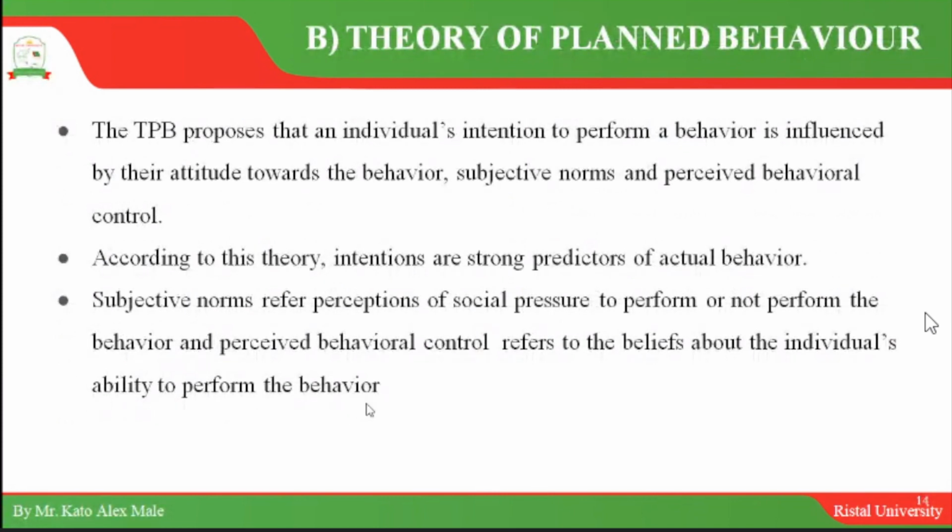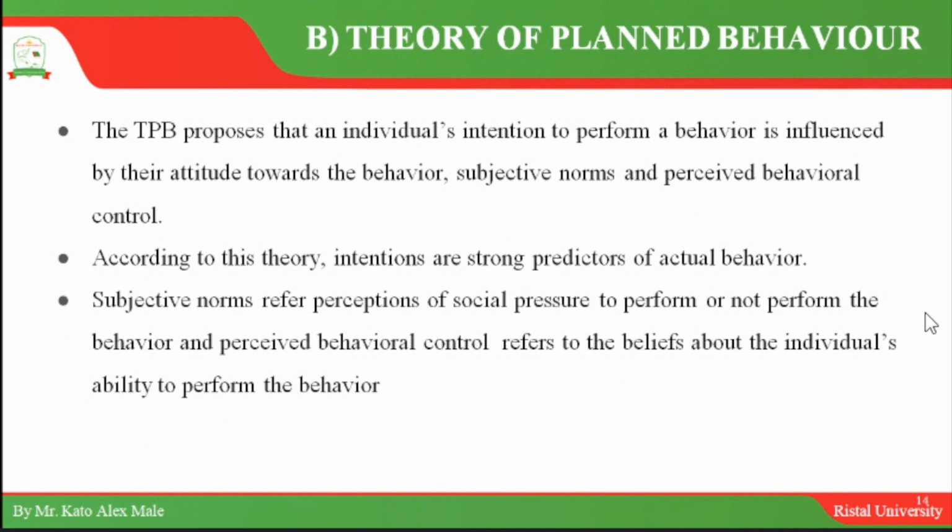Then going to the other model, that is the theory of planned behavior. This theory proposes that individuals' intention to perform a behavior is influenced by their attitude towards that behavior. The attitude towards that particular behavior they are performing. Please eat fruits daily. Please eat greens daily. Please do physical exercises on a daily basis or at least 5 days a week.